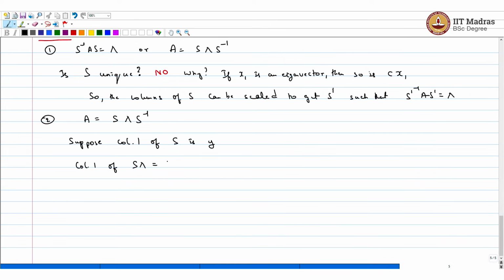Column 1 of S lambda is nothing but lambda 1 into Y, that is just by definition.